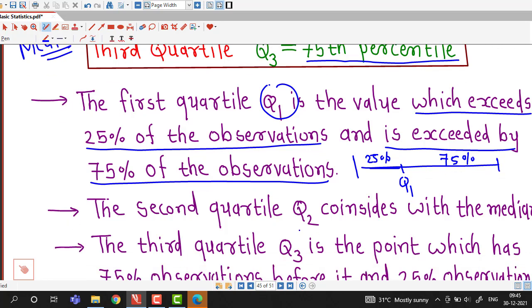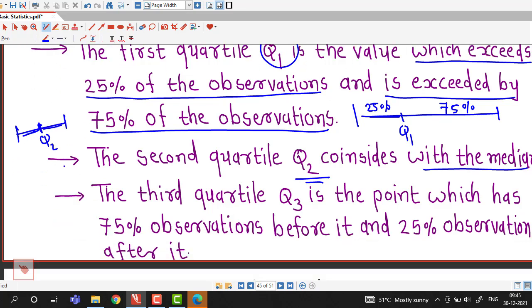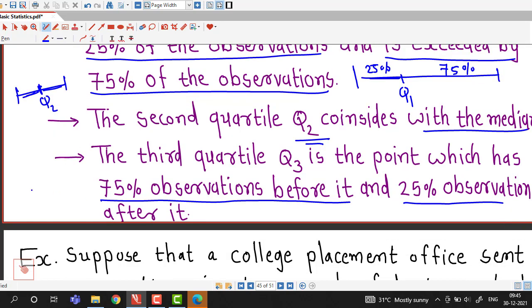Similarly, the second quartile Q2 coincides with the median. As I discussed, it will divide the data into two equal parts. So 50% of observations are less than Q2, 50% of observations are greater than Q2. The third quartile Q3 is the point which has 75% of observations before it and 25% of observations after it. So for Q3 we have this type of situation.